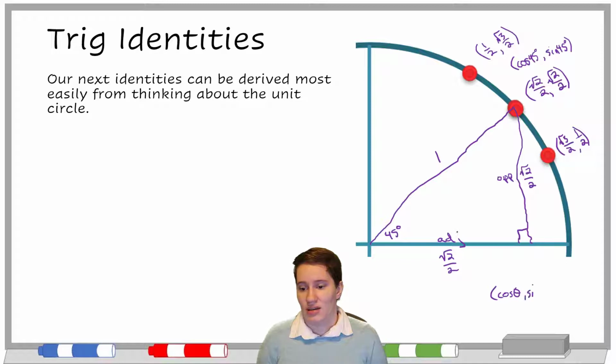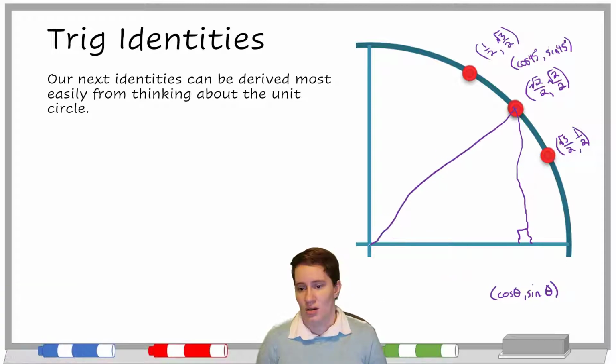But we can further take this and say, for a generic triangle here, let's pretend it's not necessarily 45 this time. For this generic triangle theta, we could label the x side of this as cosine theta, because the hypotenuse is 1.